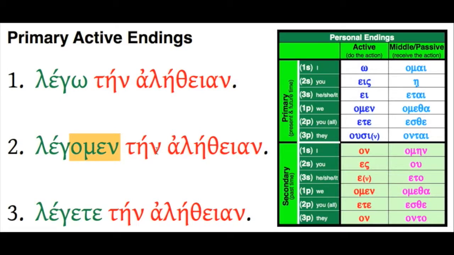We speak the truth, or we are speaking the truth. And just to round it out here, what ending is this? Ete. You, plural, y'all, you speak the truth, or y'all are speaking the truth.